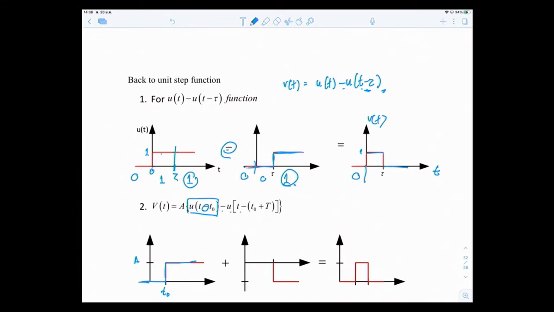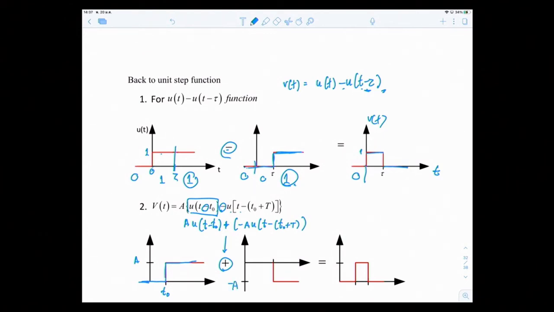In this case, the way they write it is plus, but it's actually minus, so they do it like this: A u(t − t0) plus minus A u(t − t0 − T). So they add it, but the minus sign means it's flipped, inverted, so this is minus A instead.